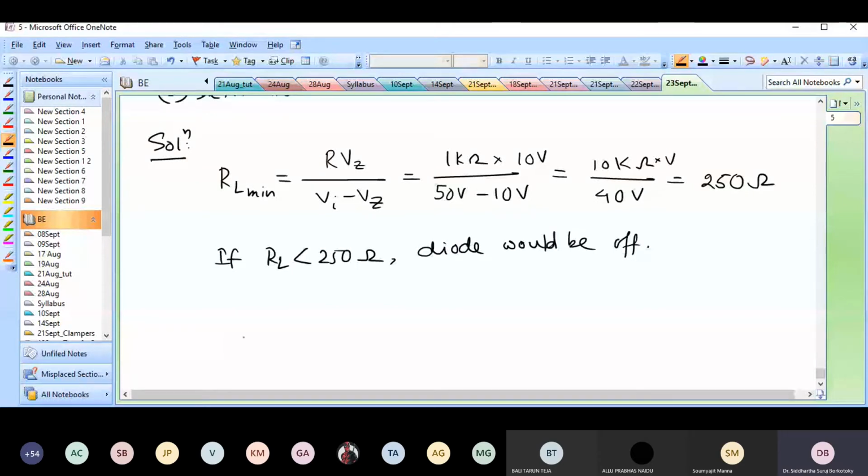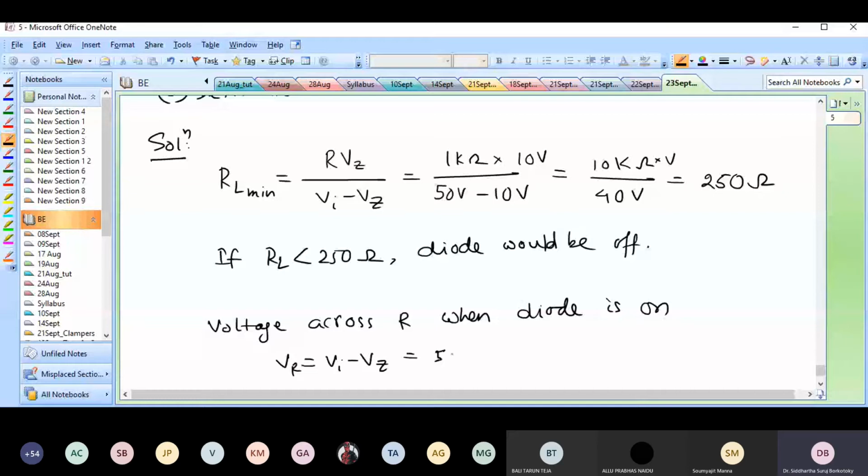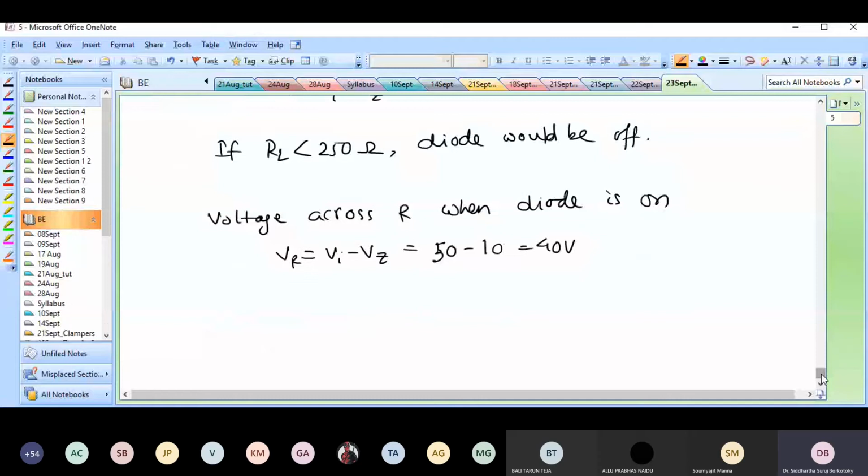So what is the voltage across resistor R when the diode is on? That VR would be VI minus VZ, which is 50 minus 10, equal to 40 volts. So I'll always have 40 volts across the 1 kilo ohm resistor.